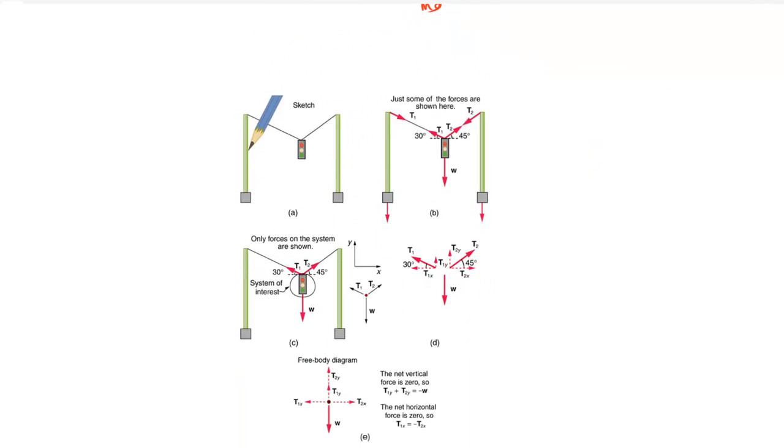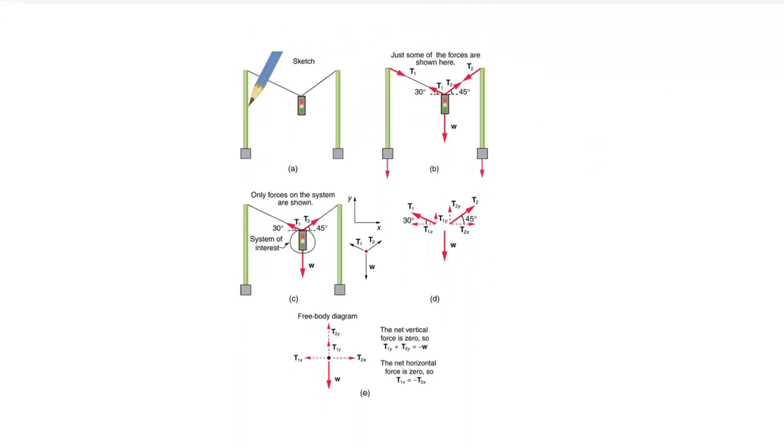If we have things off at an angle, then we'll need to break them into components first. So let's say that we're interested in finding the tensions here. Maybe we're designing this and we need to know how strong of a cable we need to support this traffic light here.